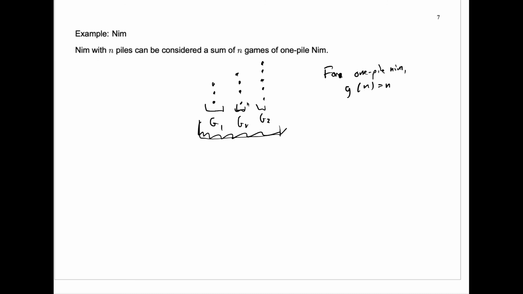So what does the Sprague-Grundy theorem say? It says the Sprague-Grundy value for position x1, x2, x3 is just g1 of x1 plus g2 of x2 plus g3 of x3, where these are nim sums.